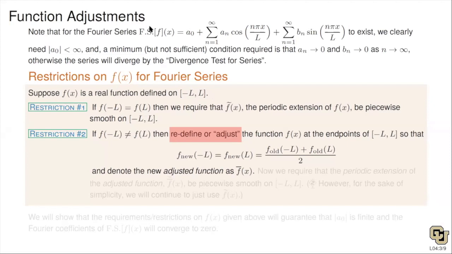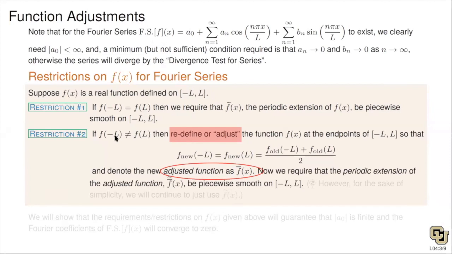And now, because this is math, I'm going to introduce some notation. We denote the adjusted function as f bar. So we don't want to do the Fourier series on a non-adjusted function. We're only going to do Fourier series of the adjusted function. And now we require restriction number 1 to be true of the adjusted function. That is, we require the periodic extension of the adjusted function to be piecewise smooth.